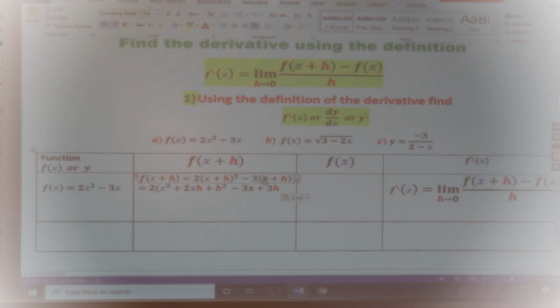Close your parentheses for the first part. Now this becomes, let me make space for you to see.